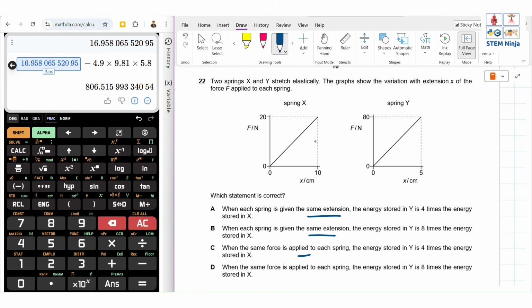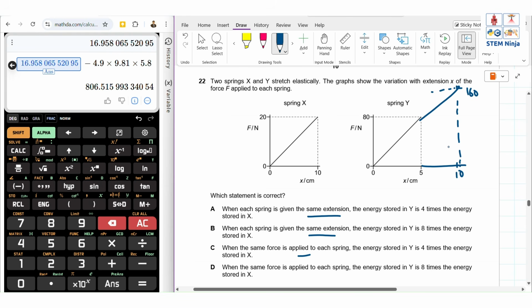So we need to calculate some metrics over here. If they're given the same extension, so this means that if we do this over 10, so this would continue going double. That means this would go in the same path. So this would go over 160. All right, okay.